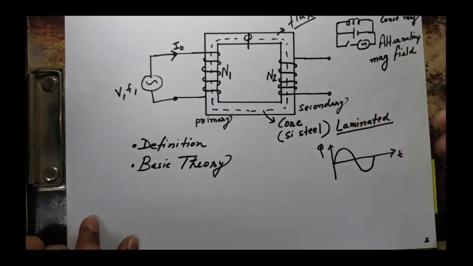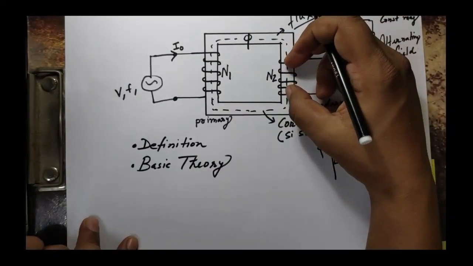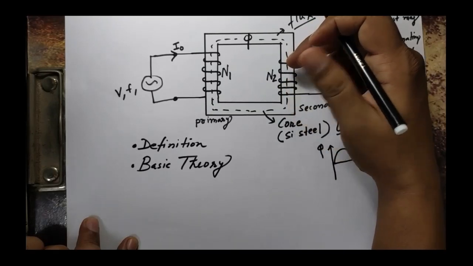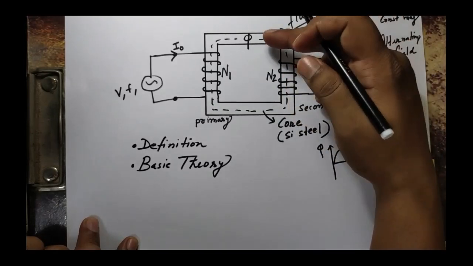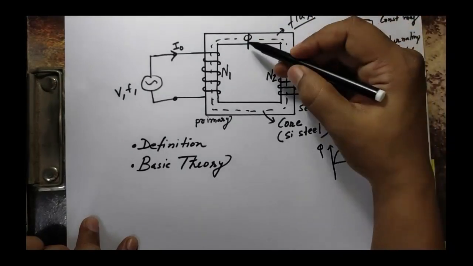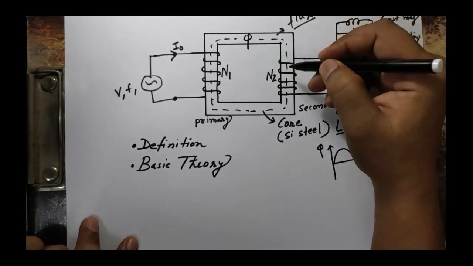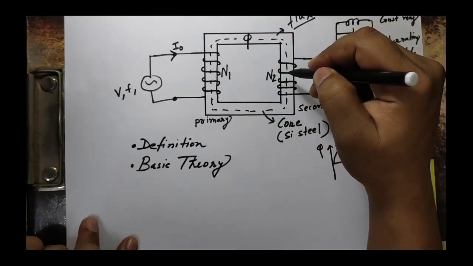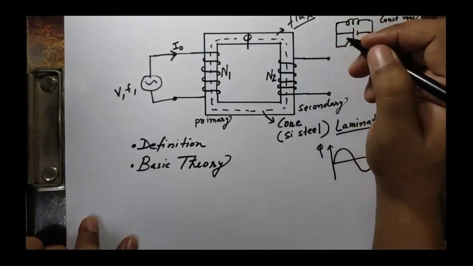Since this alternating flux is linking to both primary as well as secondary winding, these windings are facing a change in linked flux.